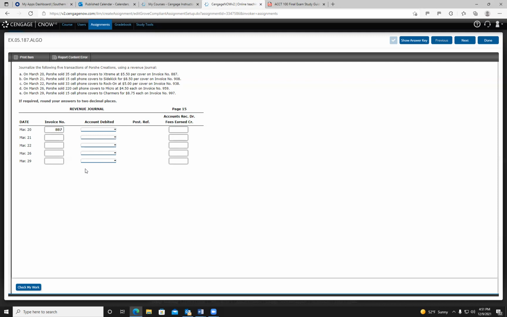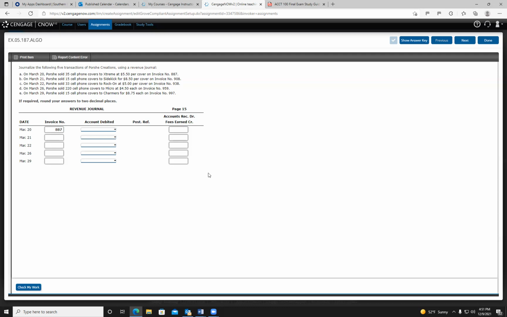So we need to update and record each of these transactions so that when we pull up the accounts receivable subledger for each individual customer, the amount they owed us is reflected. We're updating that information to make sure we have the most up-to-date information on all the customers that owe us money for their invoice. So what we're debiting is accounts receivable.